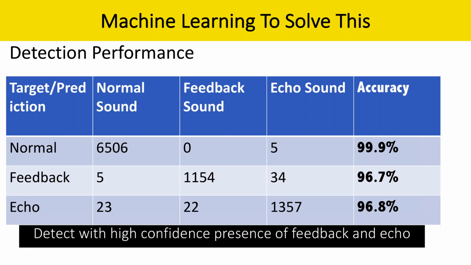You can see on the slide that with about 1,200 feedback sounds, we're able to identify it correctly about 1,100 times. We misclassify our feedback sound as an echo about 34 times, and 5 are misclassified as normal. It's similar for echo. So that's what we have.